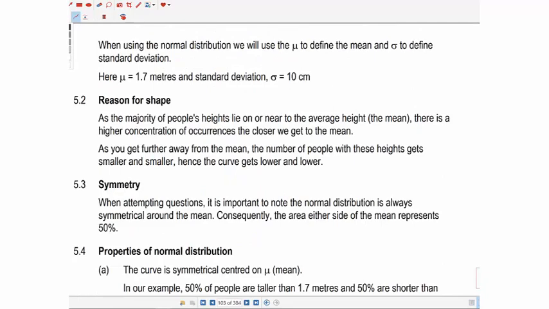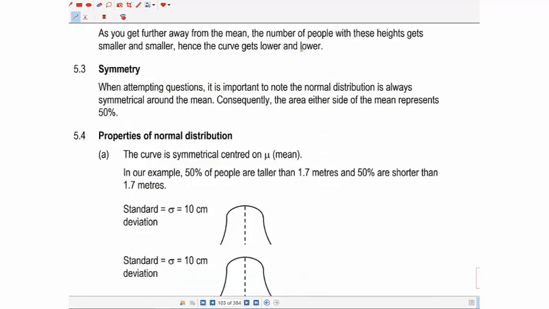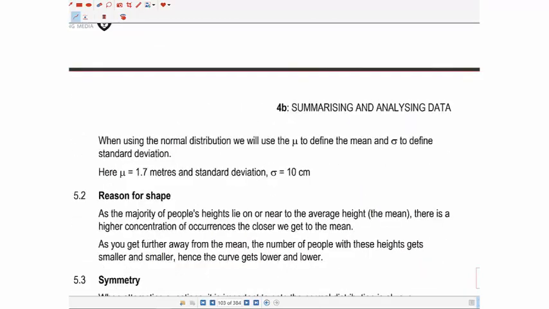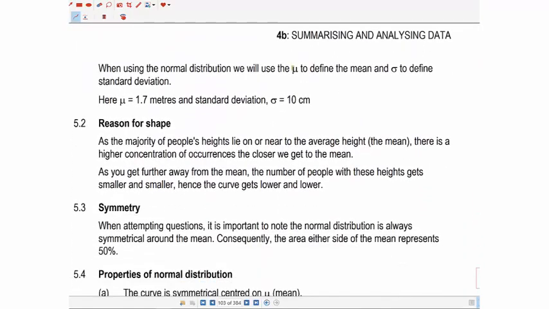On this next page, we're just going to remind you of some of the key things that we've discussed so far in relation to interpreting the normal distribution, because remember, that's one of your key learning outcomes, that you need to be able to interpret the properties of normal distribution. So remember, we are using μ to define the mean.